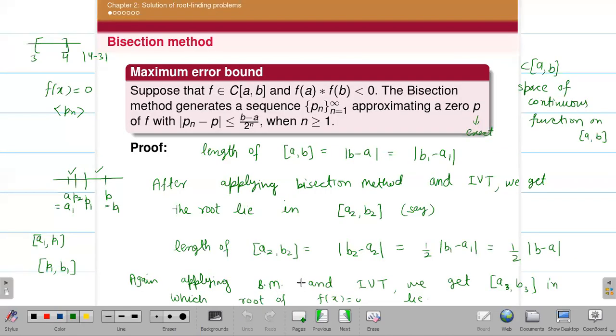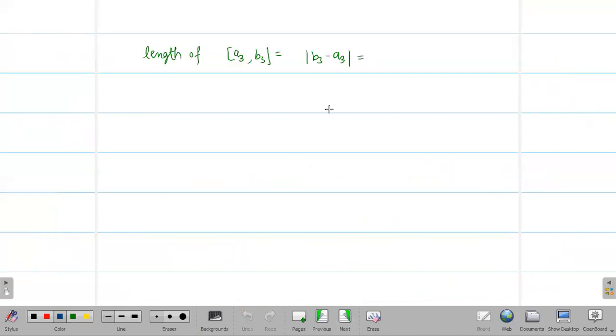So now again, now I have got A3, B3. So again, I take the length of A3, B3. What is the length of A3, B3? It is B3 minus A3. So what it is? If I take this interval, this is 1/4 time of full interval or half of this interval. So I can write here, it is 1/2 of B2 minus A2, or I can write 1/4 time of B1 minus A1.